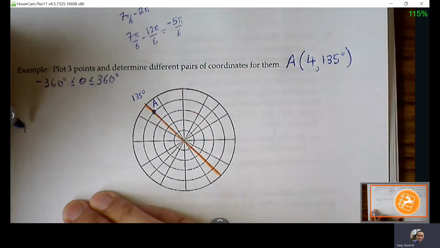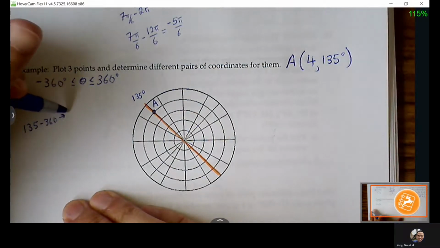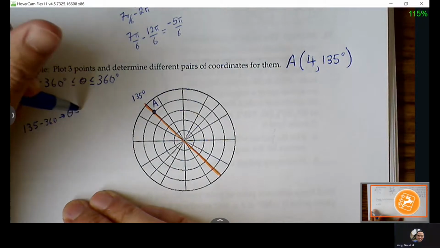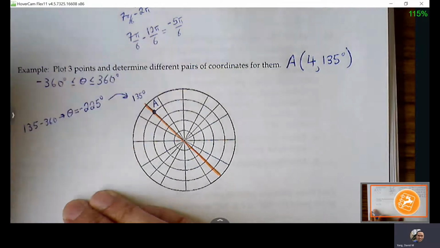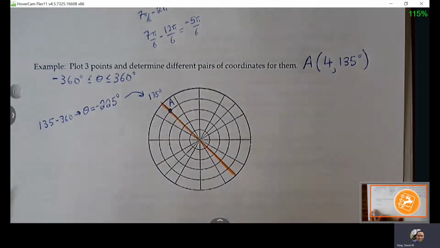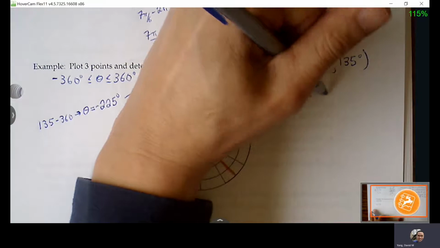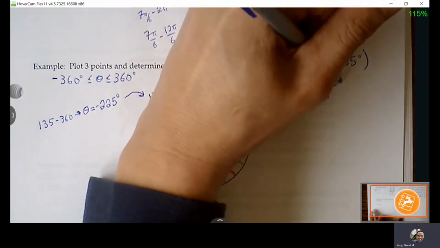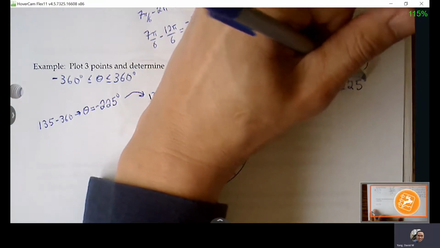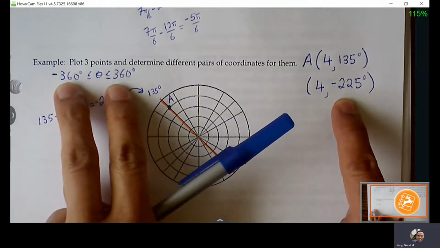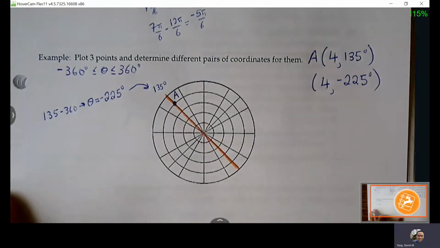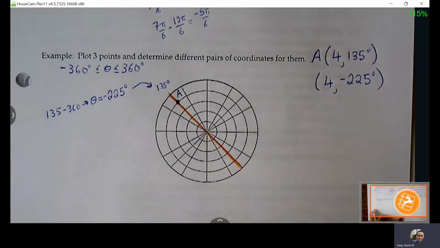So we know that 135 minus 360, so negative 225 degrees, is the same as 135 degrees. So we can also say 4 comma negative 225 degrees. And we're falling within the range of degree measures, right? Within 2 rotations either way of 0.